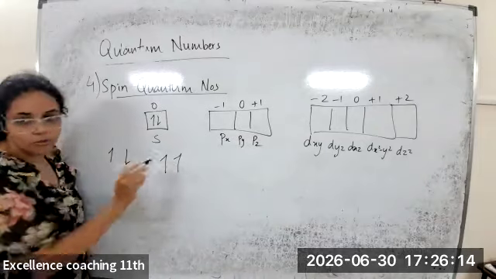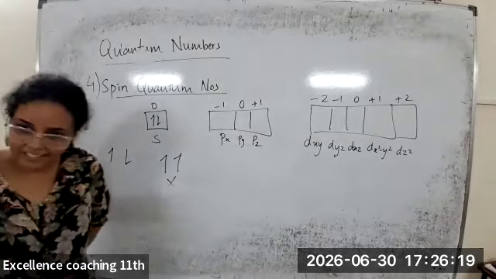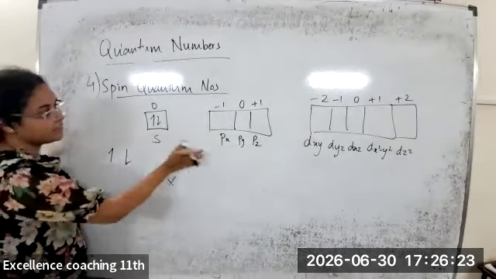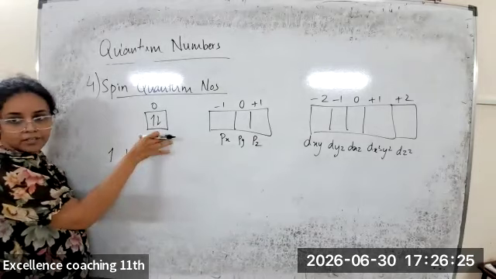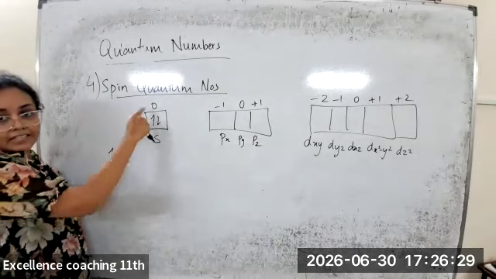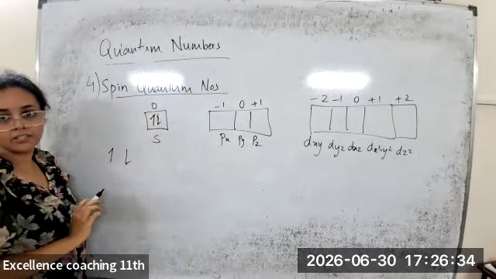You can't have two clockwise. This is wrong. There are rules for this which you will come to further on. For now, remember that this subshell can accommodate two electrons, which we represent with one on top and one downwards.